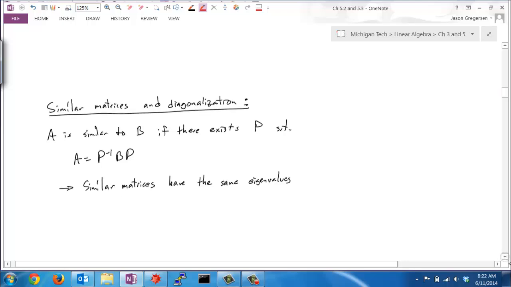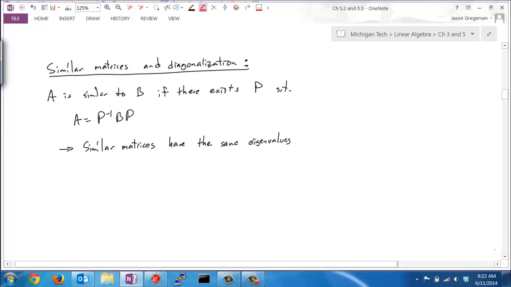All right, similar matrices and diagonalization. A is similar to B. Here's our definition for similar matrices. A is similar to B if there exists some matrix P where A is equal to P inverse B P, or P A P inverse equals B. That seems so random.